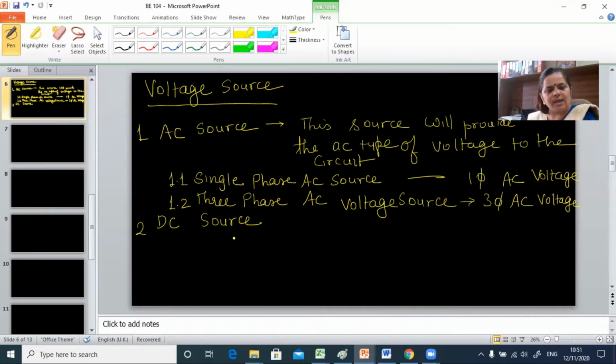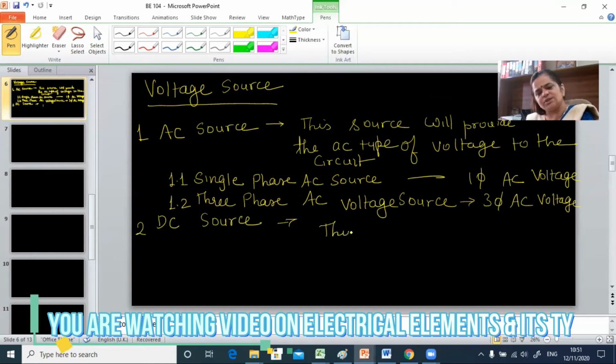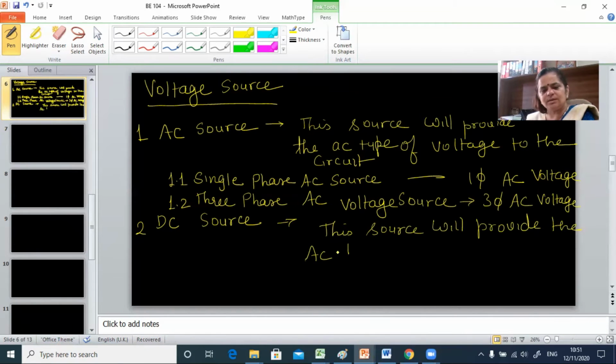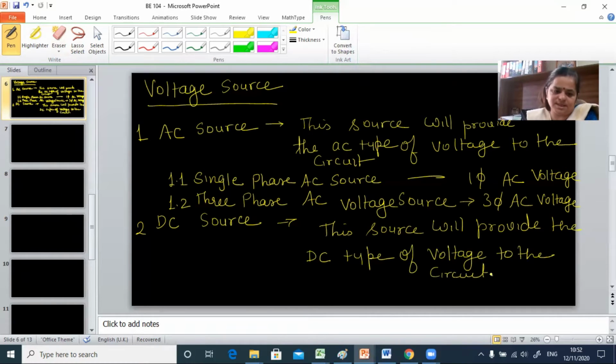Now the second thing is DC source. This source will provide the DC type of voltage to the circuit. So that's the AC type and DC type.